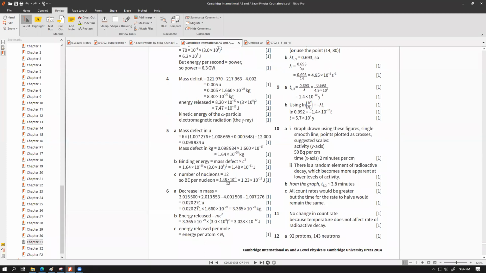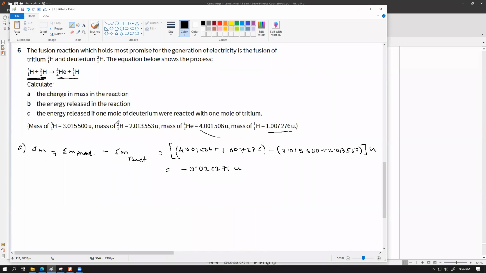So we have this calculated in u first, and then we convert this into kg, then convert that kg using the mc squared formula, sorry, I said it wrong, and then it gives how much energy comes out of a single reaction. Then question c says: the energy released if 1 mole of deuterium is reacted with 1 mole of tritium, which means you have Avogadro number of tritium reacting with Avogadro number of deuterium. So this reaction happens Avogadro number of times, because we are working with 1 mole.